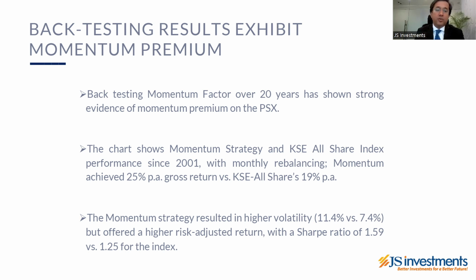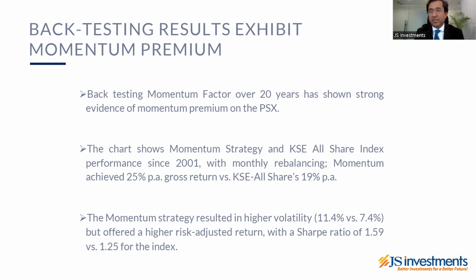We found that with monthly rebalancing, momentum achieved 25% per annum gross return versus 19% per annum for KSE all shares. Likewise, on a risk-adjusted return basis, the Sharpe ratio came out much more attractive at 1.5 as compared to 1.25 for the index.